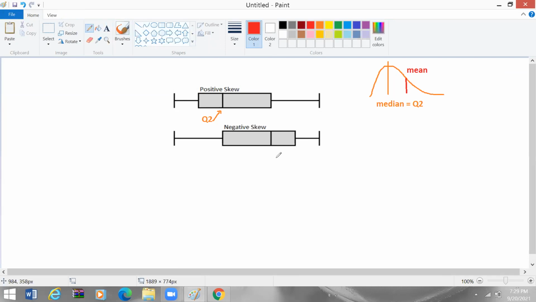Okay. Similarly, if the Q2, I mean the median, is going toward the right, what does the shape look like? The shape should be going toward the right, right? So this is what we have right there. I'm not actually in good shape drawing pictures like this. Okay, so let me just redraw them.